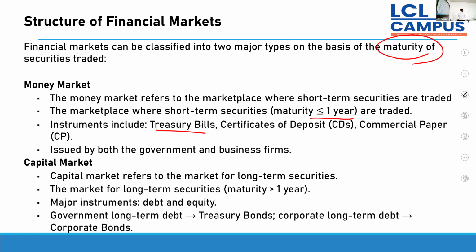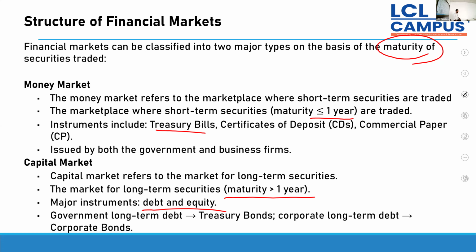It is the marketplace where long-term securities are traded. We define the long term as having a maturity of more than 1 year. Now you know the maturity term, right? More than 1 year, like debt and equity instruments. Treasury bonds. Treasury bill is a short-term security of government.